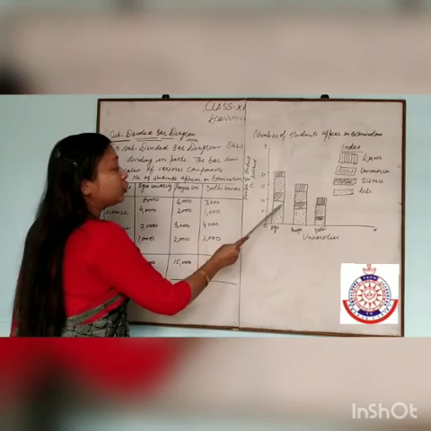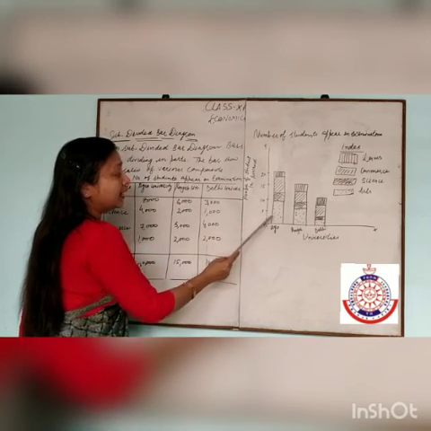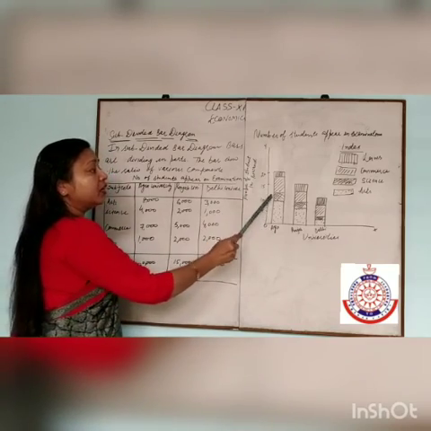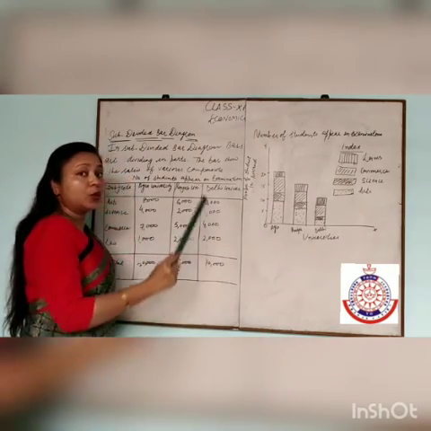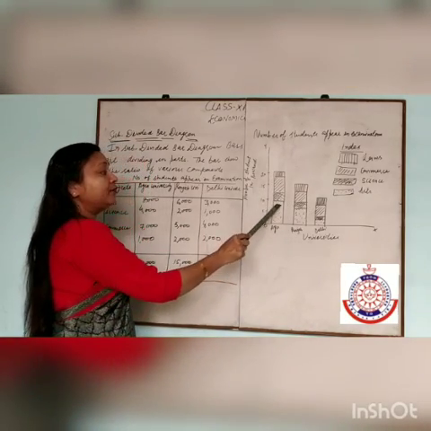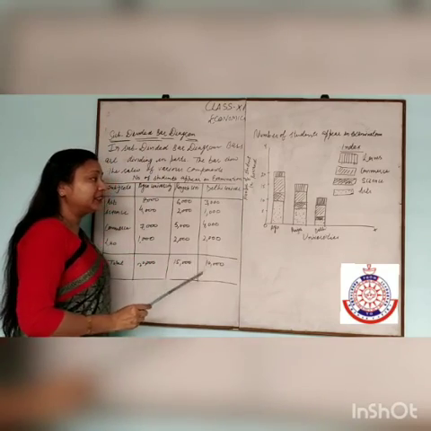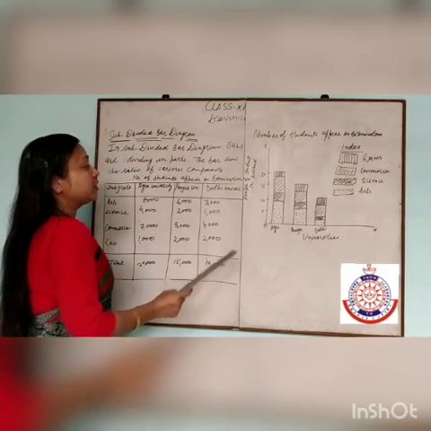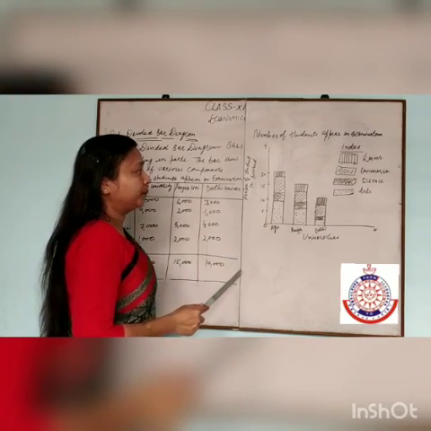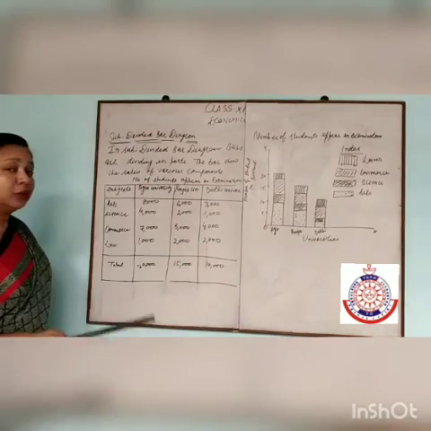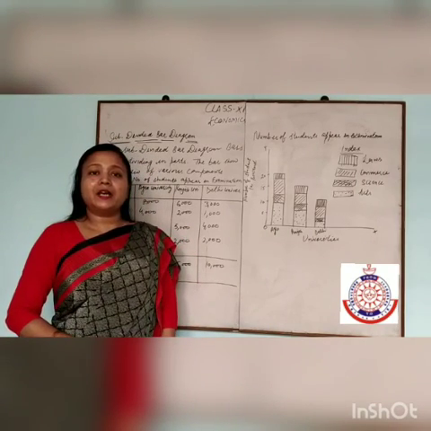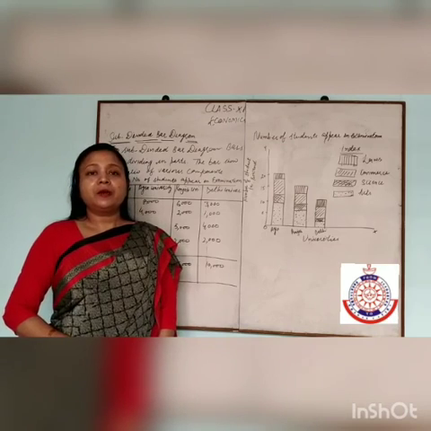When more than 2 or 3, here 4 items are given, it is difficult to draw different bars, so we make one bar and divide it into different parts. So for more than 2 or 3 features, we use the subdivided bar diagram. So today we discussed the simple bar diagram, multiple bar diagram and the subdivided bar diagram.